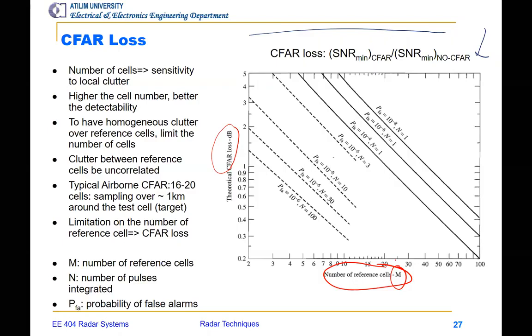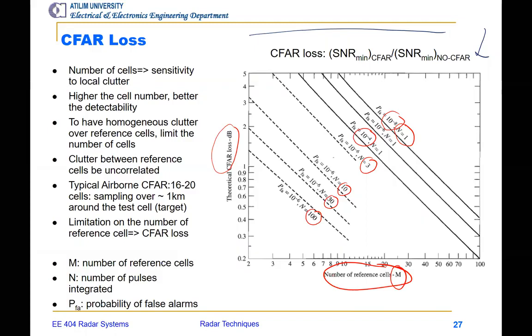So we see here 1, 2, 3, 4, and the number of pulses integrated is 1, 3, 10, 30, and 100. And probability of false alarm goes from 10 to the minus 8 to 10 to the minus 4.